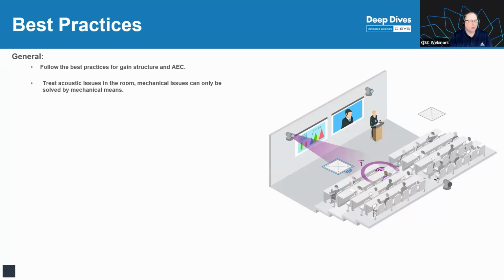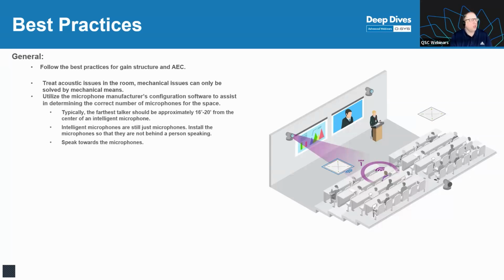Maybe your room requires some acoustic treatment. If it doesn't sound good over a call, then it also won't perform as well for ACPR. Utilize the mic manufacturer's recommendations. Speak towards the microphones and locate the microphones so that they can be spoken towards.